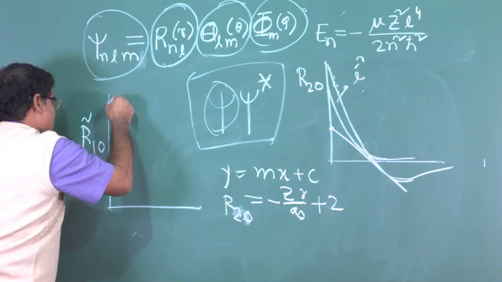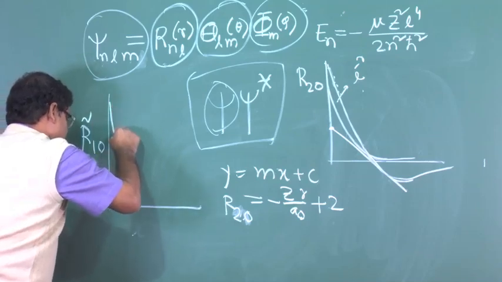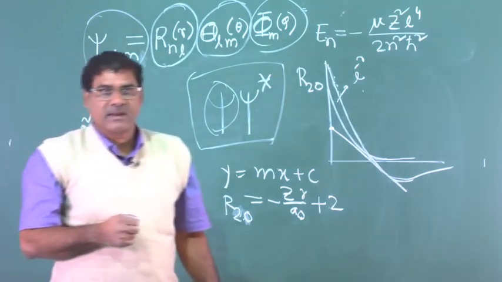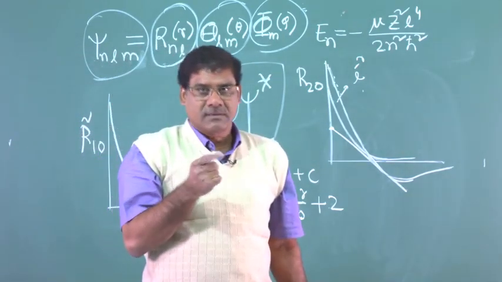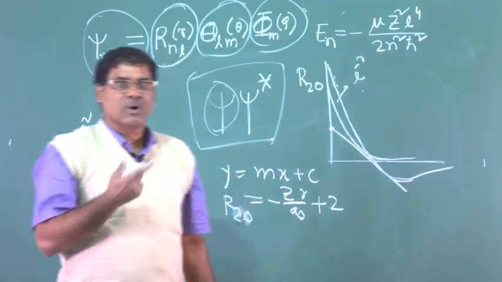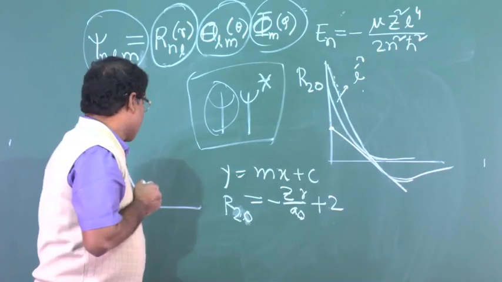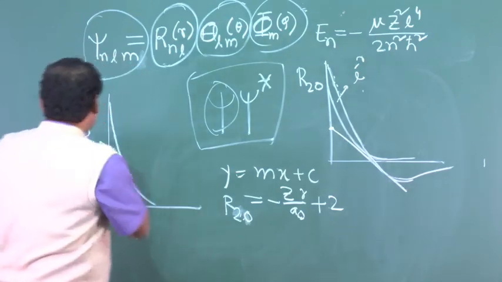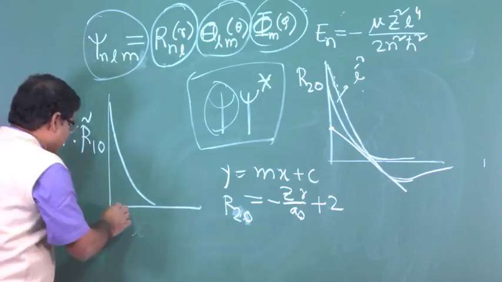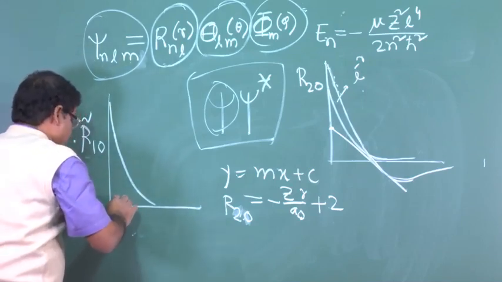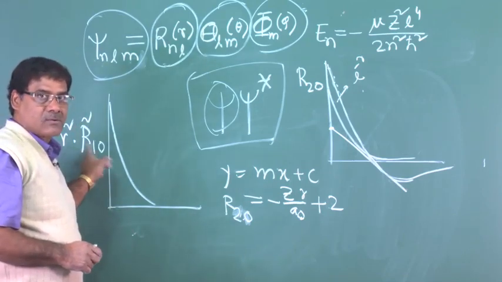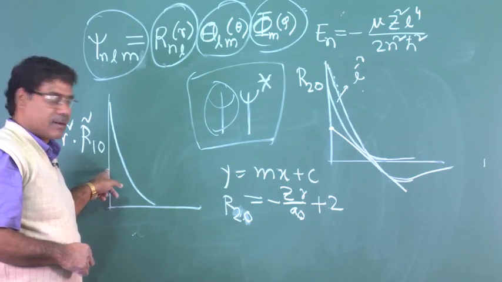So, it will be a sharper exponential because e to the power minus 2r, earlier e to the power minus r, now minus 2r. So, it will fall faster and then be multiplied with r square. So, you will have another parabolic term, y equal to r square, okay.